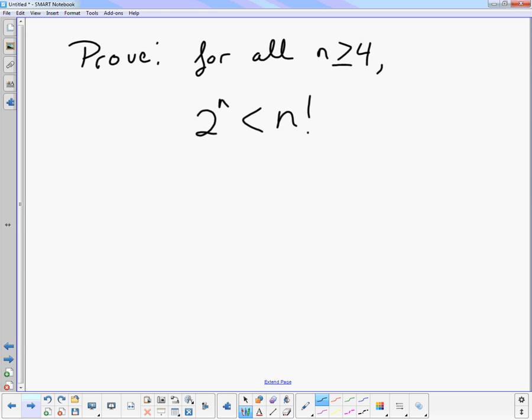Okay. So let's attempt the base case. What's my base case have to be? 1? Well, if it's 1, then 2 is less than 1 factorial, which is false, right? 4, because that's the smallest one that we're trying to prove.